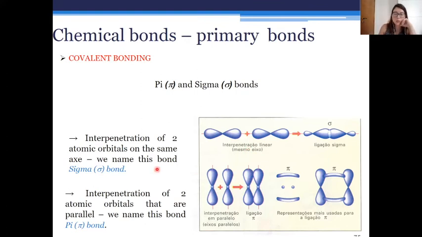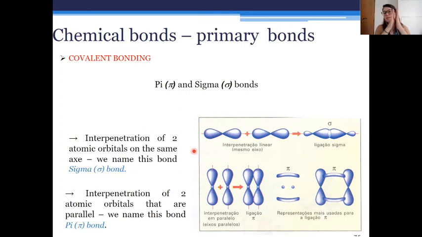And we also find the pi bonds, which are the interpenetration of two atomic orbitals that are parallel. It is represented right here on the bottom of this figure. You can see that we have these two p orbitals, and they are parallel to one another, one in one atom, the other in another atom.